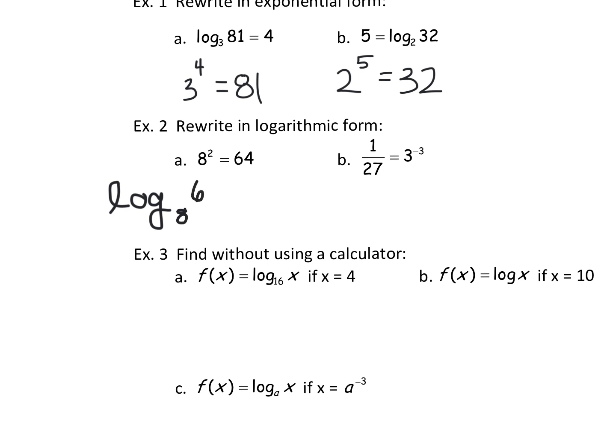The argument is going to be 64 because that's the value of the power. And then our exponent goes after that. Same here, just a little more challenging. Log base 3. The argument is 127. And that is equal to the exponent, which is negative 3. All right, let's start calculating some function values.